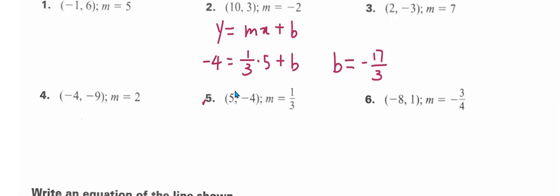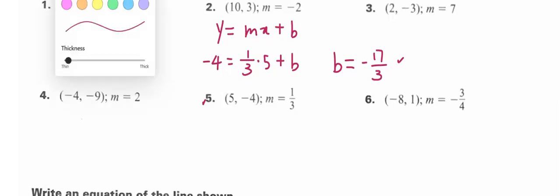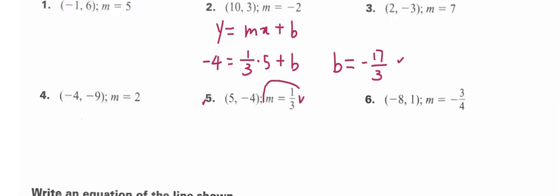Alright, now you have a b, and you have m, you have a slope, and you have, excuse me, I did not mean to do this one. I meant to do this one. So it's always better to use a blank paper, so you won't make a mistake like I just did. I accidentally circled the other one.